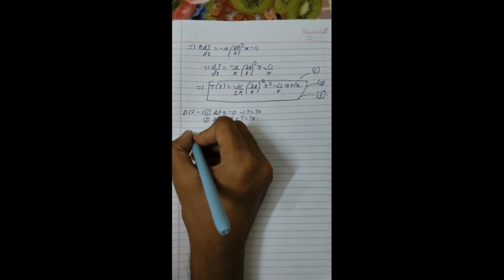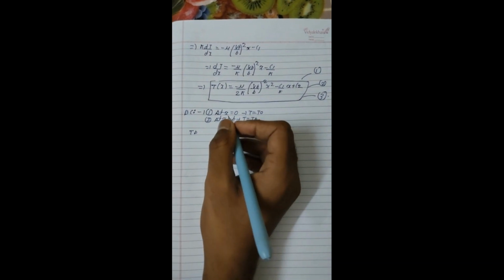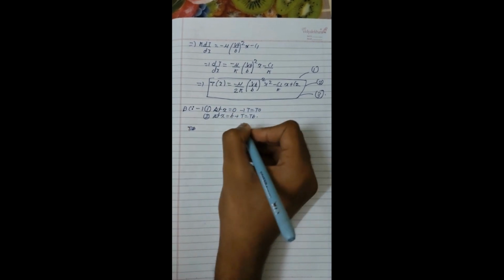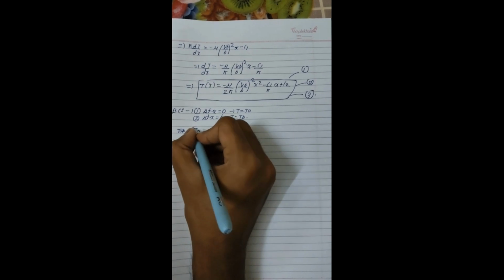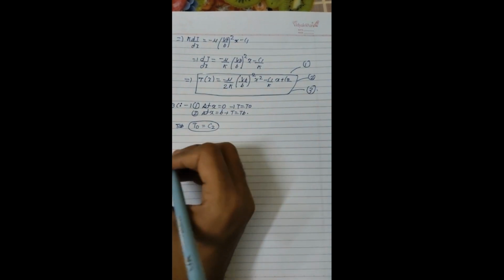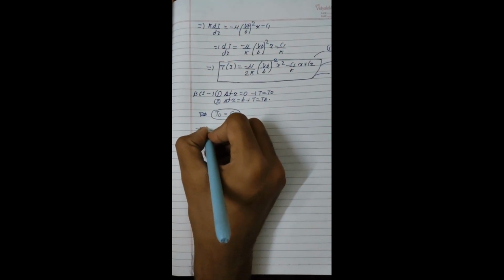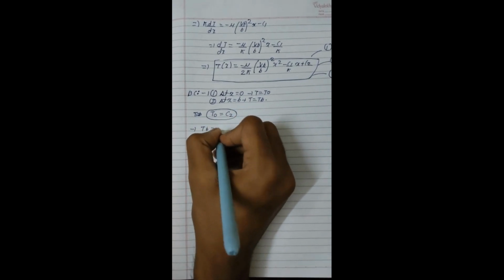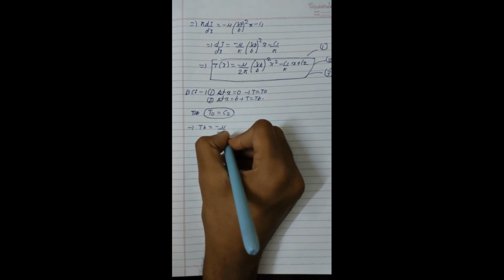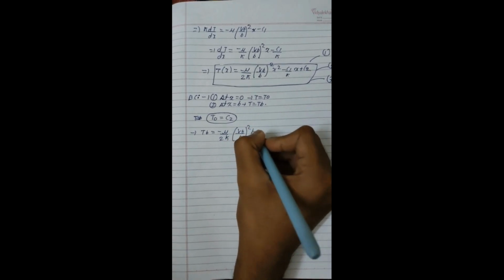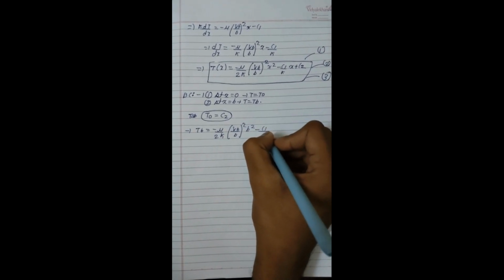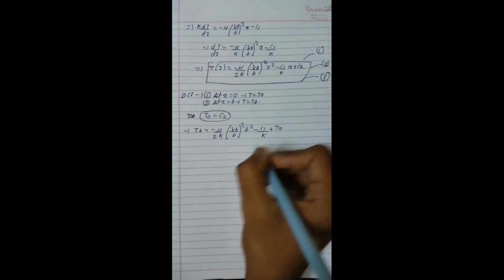Now we will put these equations. First of all, let's assume this is at x is equal to 0, and when you put x equal to 0, you will get T naught is equal to C2. You got the value of C2. Now let's put x is equal to B, the second boundary condition. So that would be TB is equal to minus mu upon 2k, Vb upon B whole square, B square, minus C1 upon k into B, plus T naught.